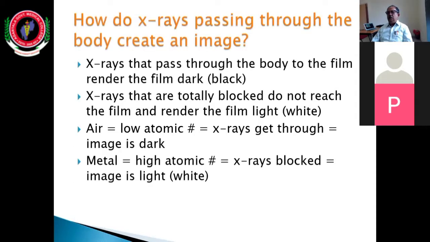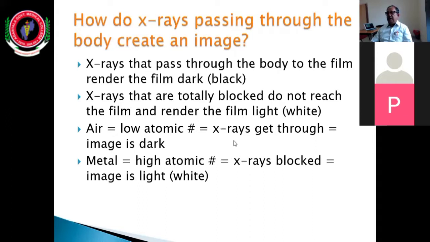Now, when the X-ray passes through the body, it creates the image. When the X-ray passes through the body to the film, it renders a black or dark image. And if the X-ray is totally blocked by the object, then the film renders light, that means a white image.